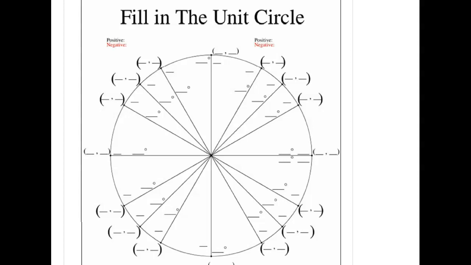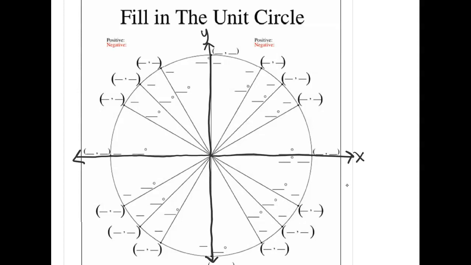And so what you want to do is break it down to make it simple. We want to think about our x and y axis going through this circle. So this would be our x axis here and our y axis here. And today all we learned about was angles in degrees.